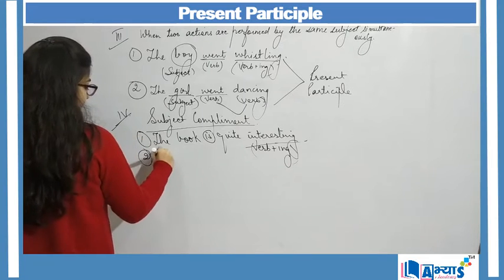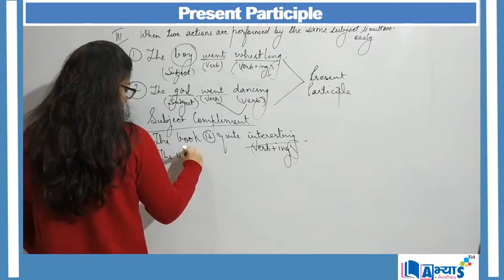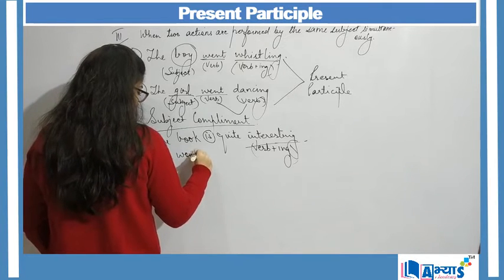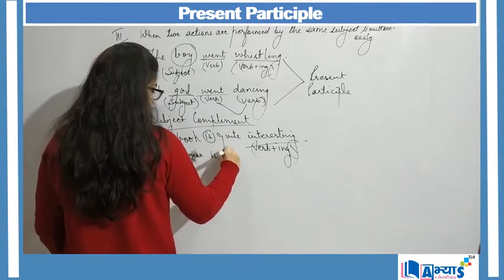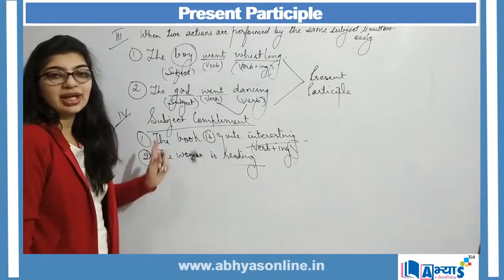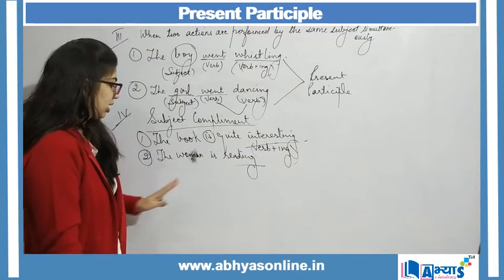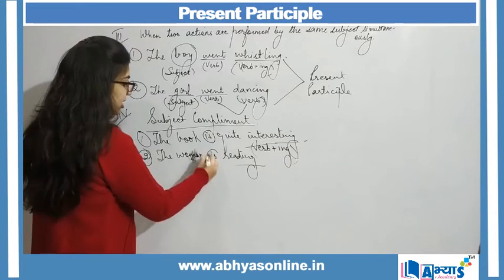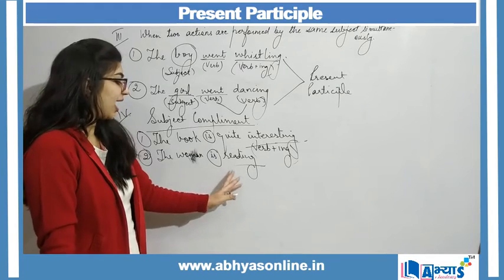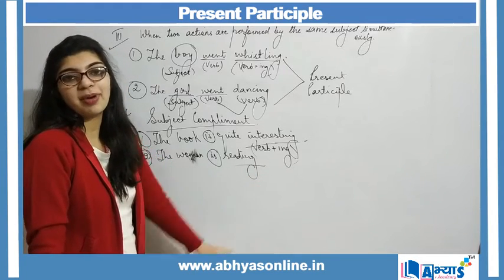I can say the woman is reading. Now reading is again my subject complement. The woman is reading. Is my present. It is used to show present and ing is again the participle.